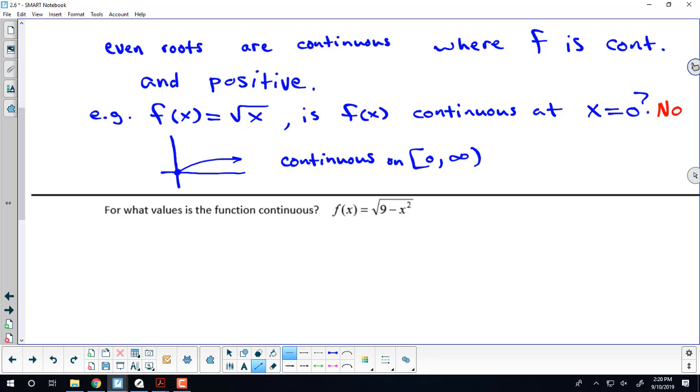For what values is the function continuous? We have an even root of the function 9 minus x squared.